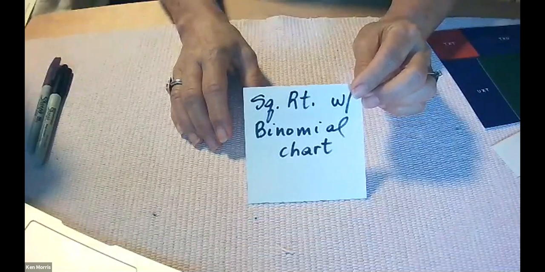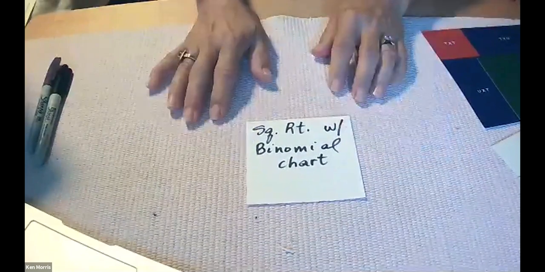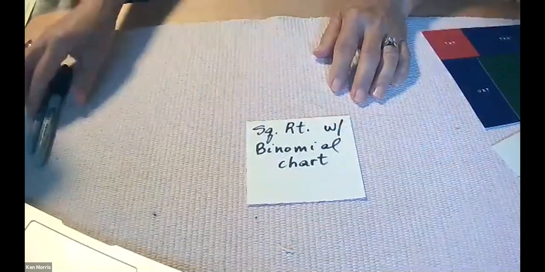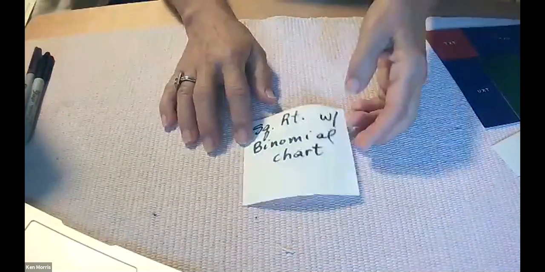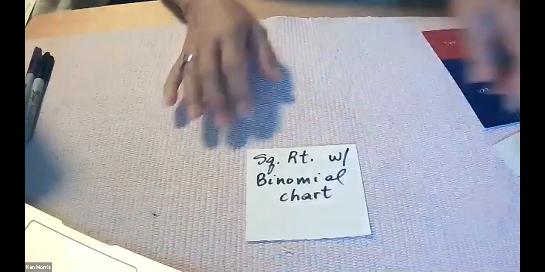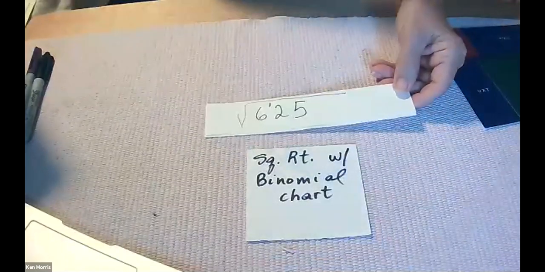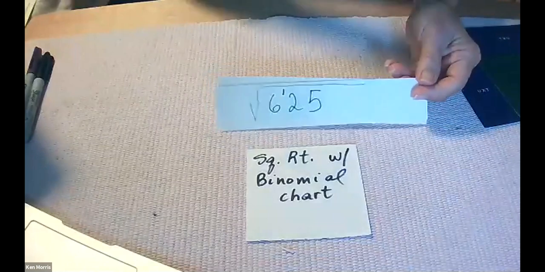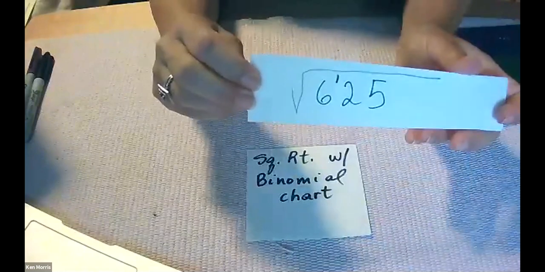And we're going to be using the stamp game instead of the pegboard, like the album suggests. The problem that we're doing today is the square root of 625.